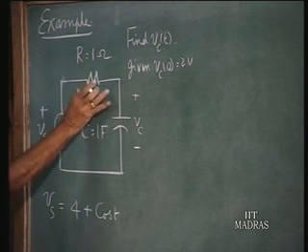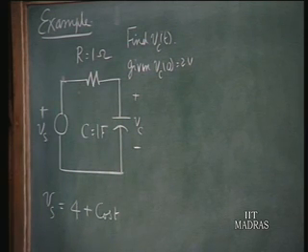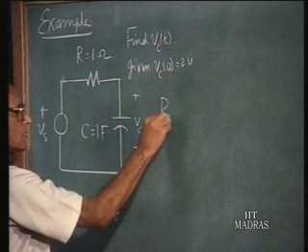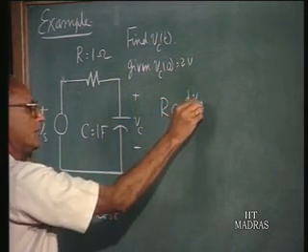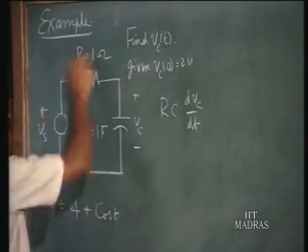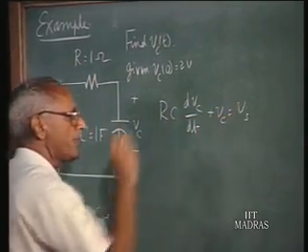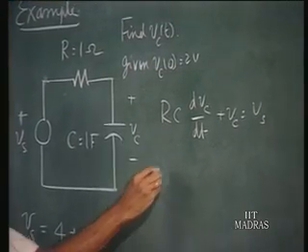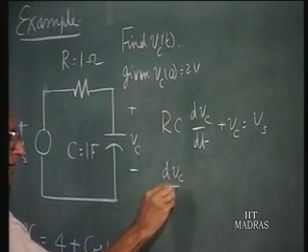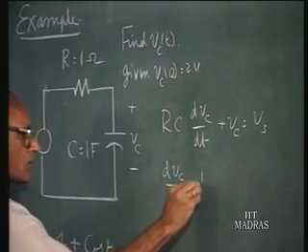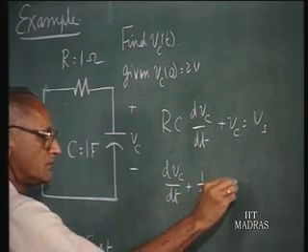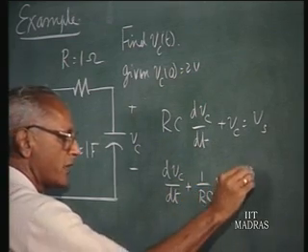Therefore, the voltage across the resistance is R times C dVc/dt. Therefore, you have RC dVc/dt, that is the voltage across the resistance, plus the voltage across the capacitor must be equal to Vs. And this can be written as dVc/dt plus 1/RC Vc equals Vs/RC.